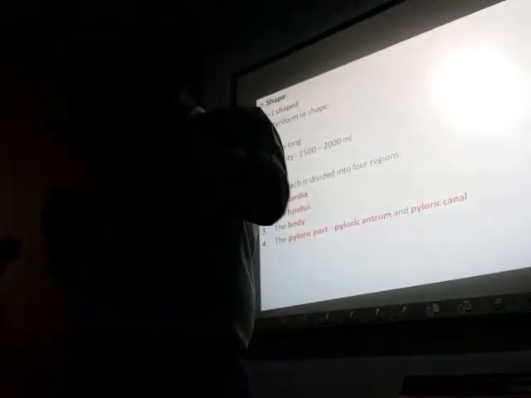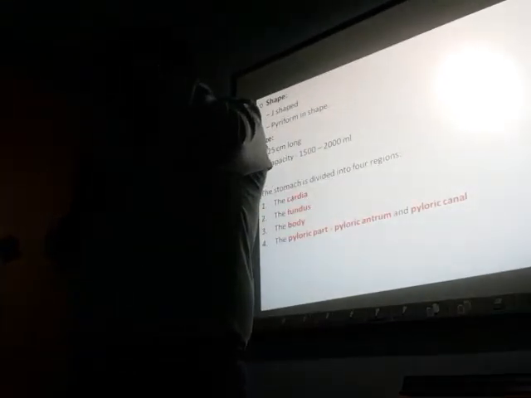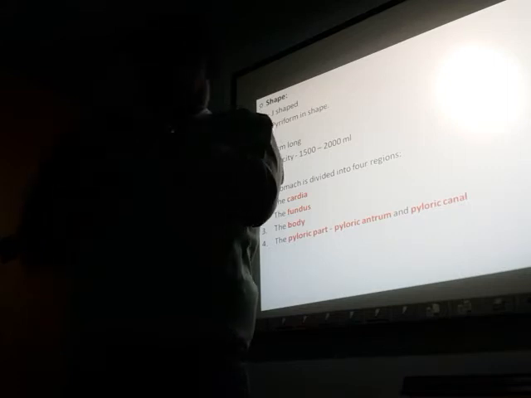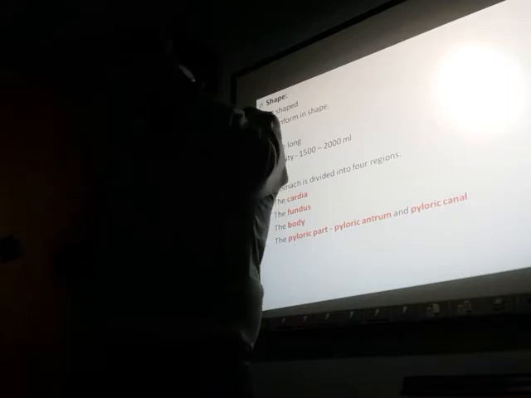It takes about 3 to 4 hours to empty the whole of the stomach after you take food. We call it the gastric emptying time. So the control of the movement of the chyme from the stomach into the duodenum is one more important function of the stomach.